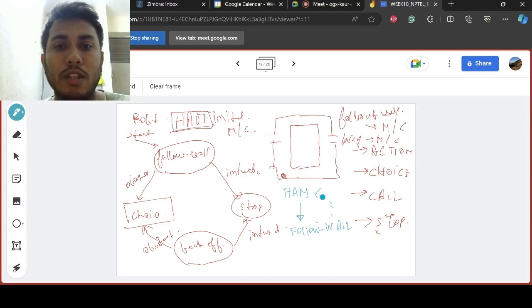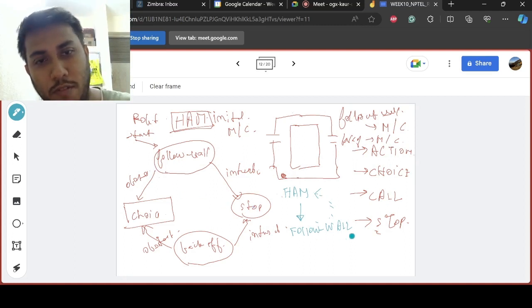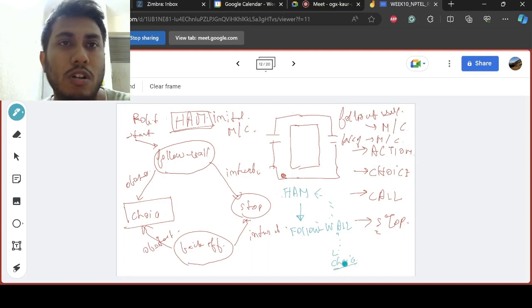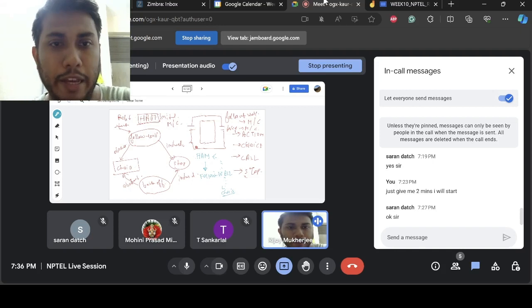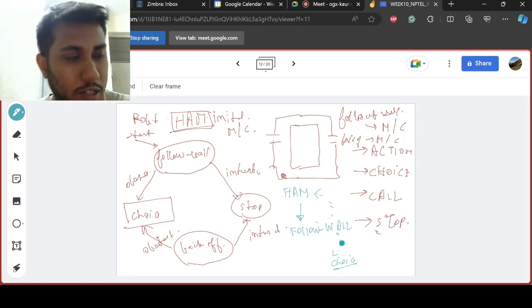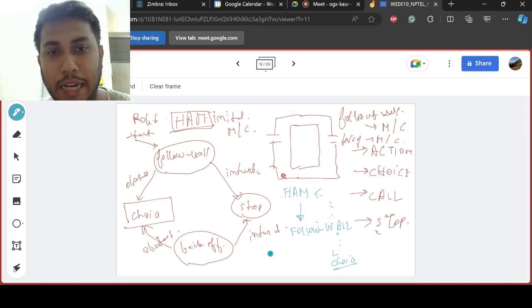Suppose follow wall gets an obstruction. It will go to its choice state. The choice state will decide whether to follow the wall or back off. The main RL part, the policy, is defined in this choice state.